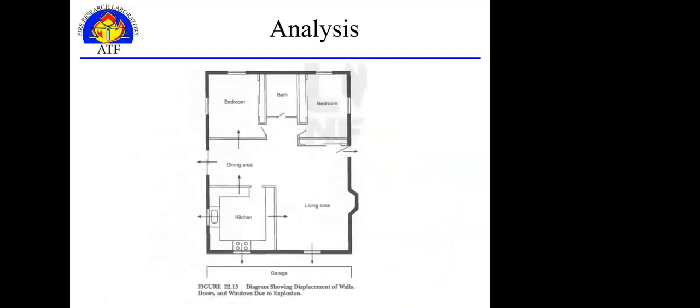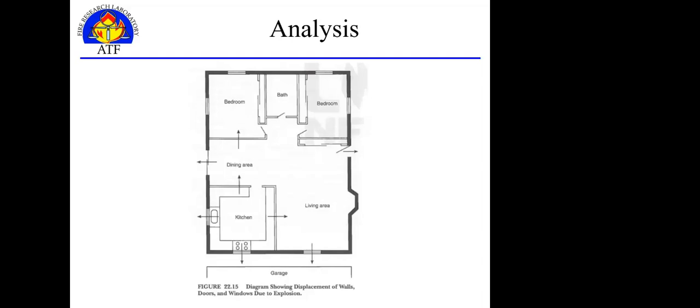Another thing you can do is map the displacement of walls. So this is an example showing that maybe your origin is in the kitchen, with all the walls of that kitchen heaving out from there. I don't see this too often in the industry, but I think the bigger focus is identifying where the gas came from, and then identifying any number of potential ignition sources as opposed to the actual ignition source.